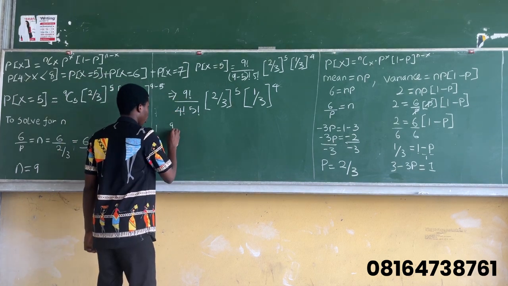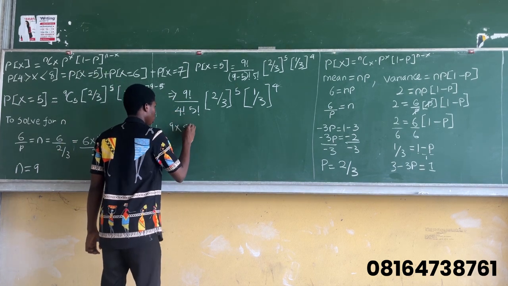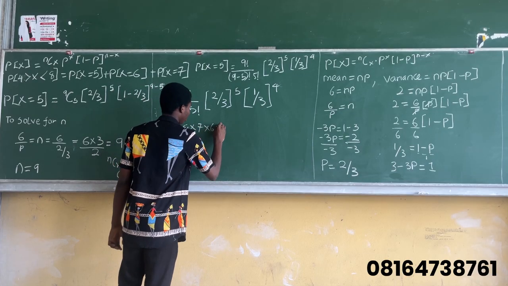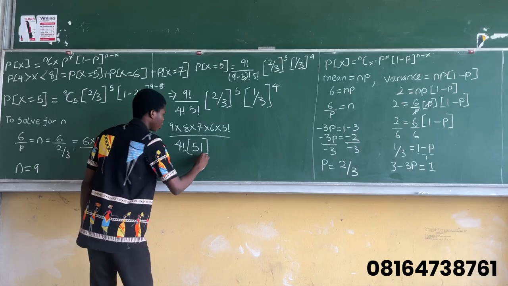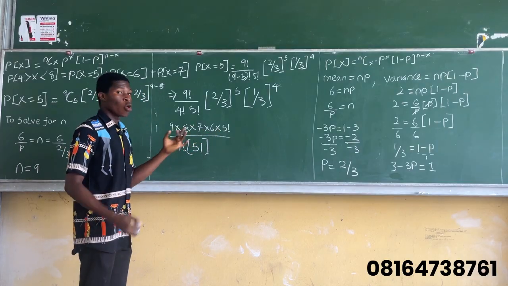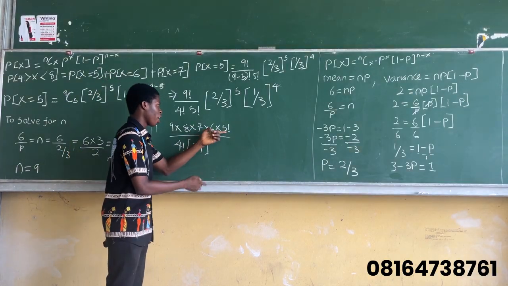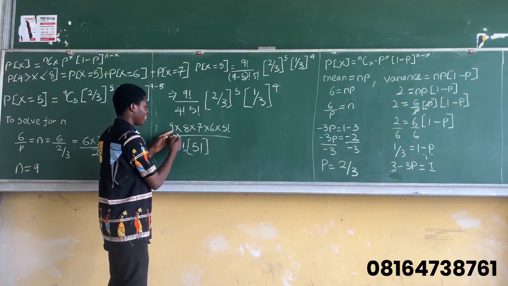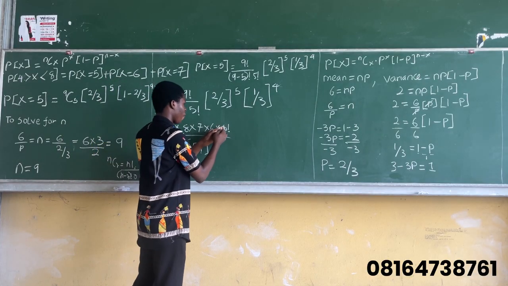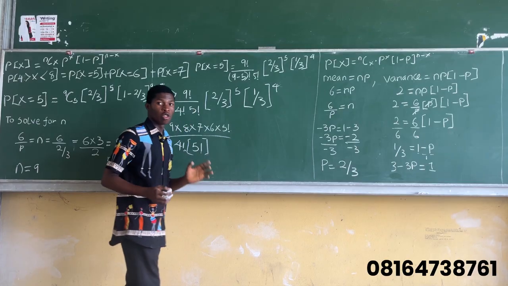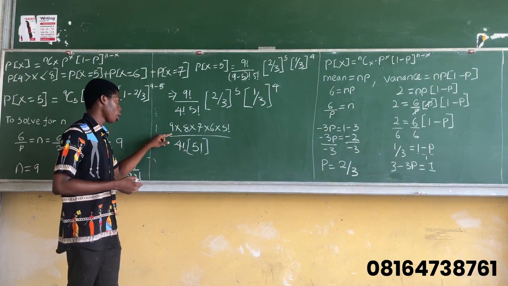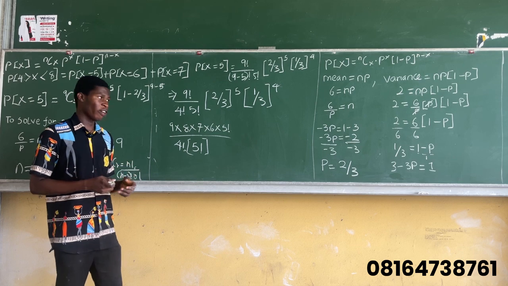So this is 9 factorial, 9 times 8 times 7 times 6 times 5. You'll be asking yourself, why are we stopping at 5? We are simply stopping at 5 so this 5 can cancel out this 5. Factorial goes all the way from 9 times 8 times 7 to 6, 5, 4, 3, 2, 1.